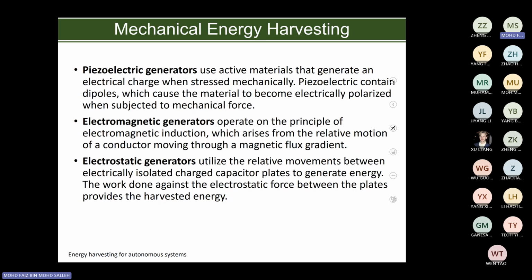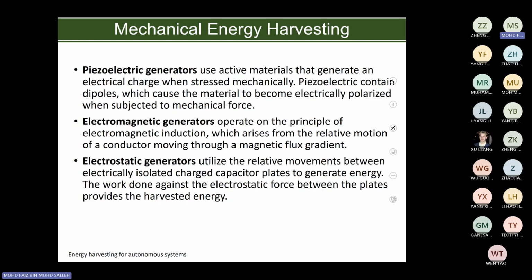Piezoelectric, electromagnetic, electrostatic generator. This one, I think we can just skip. We will discuss the piezoelectric in detail later. Usually with piezoelectrics, when you apply some force, the material has the ability to have a distribution of the charges.